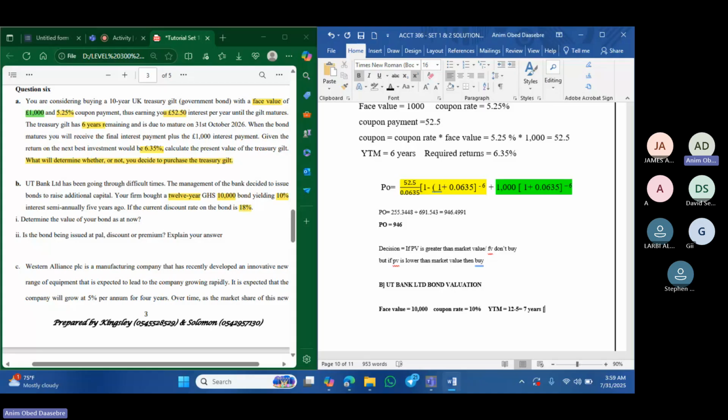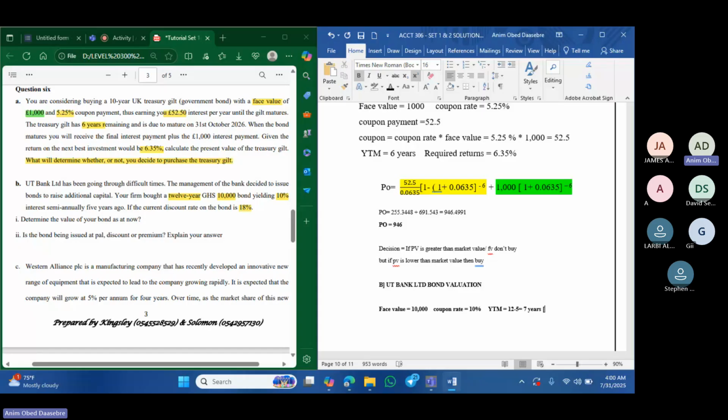Always the yield to maturity is given annually. So if you want to find it in semi-annual terms, we need to multiply by the compounding periods. If it is semi-annually, how many times are we going to pay the interest? 2 times every year.